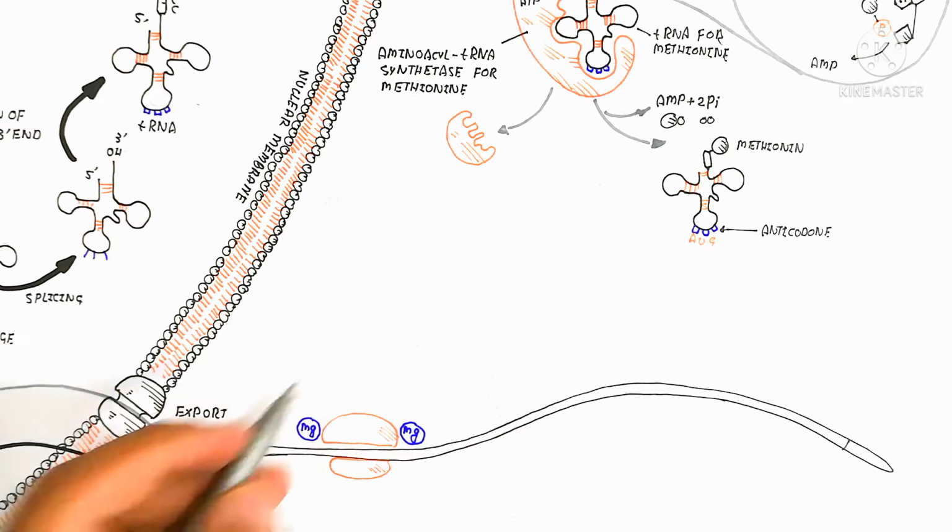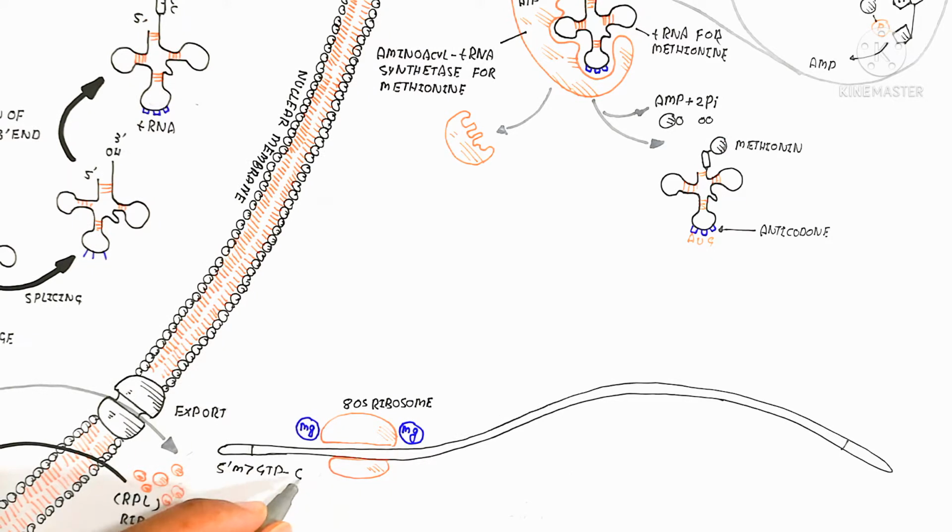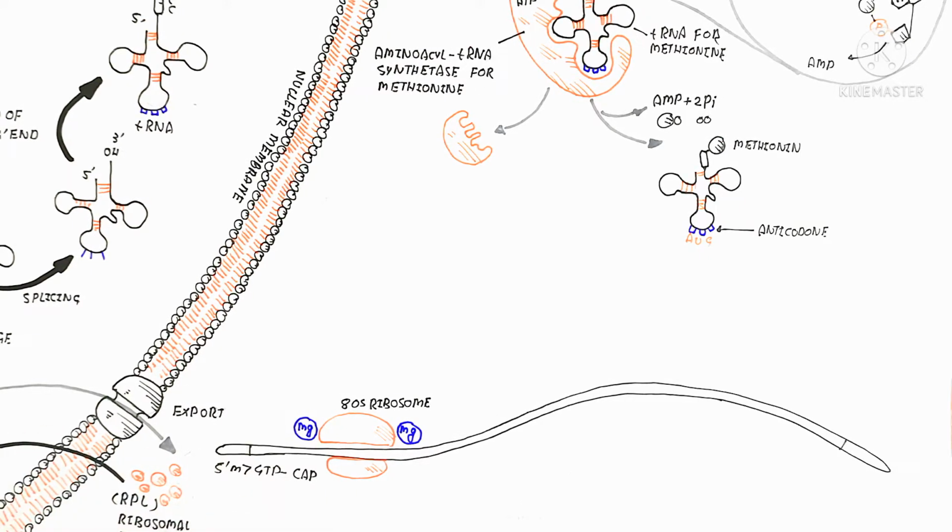So this is the translation mechanism. That was the transcription, but here it is the translation. So here the ribosome will be formed when it binds with the help of magnesium.